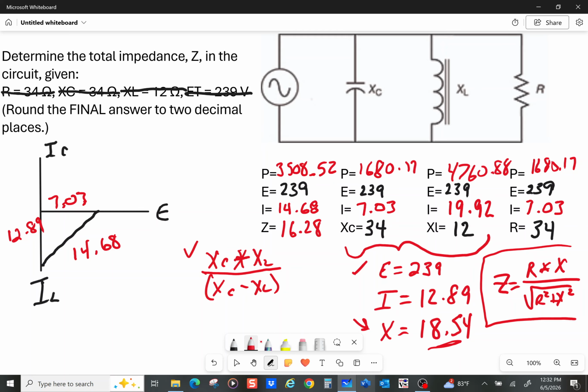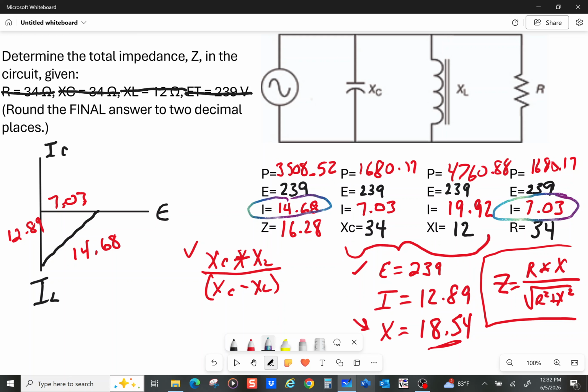Or, like I've been doing the whole time, I'm going to do IR, 7.03, which is over here. I'll change the color to multicolor. There we go. My resistive current of 7.03 divided by my total current of 14.68.